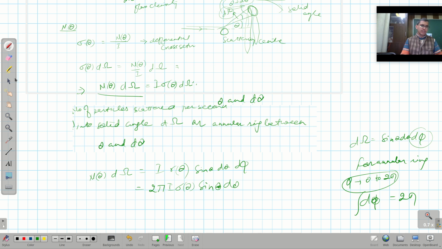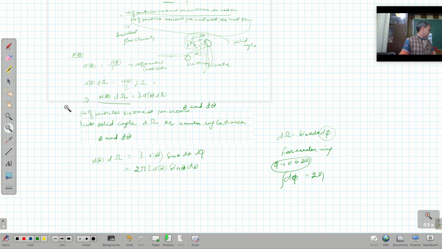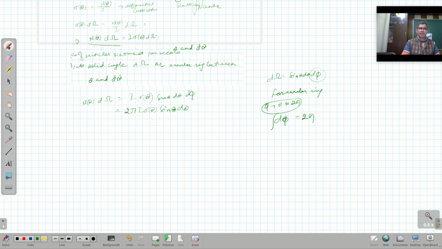So the total cross section I can write like this. Therefore the total cross section is sigma theta d omega, if I take its integral, then it can be done like this.